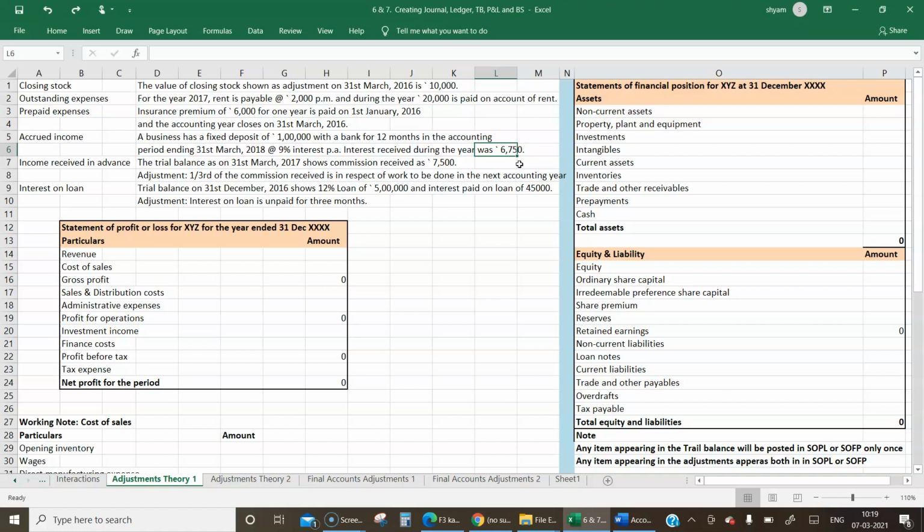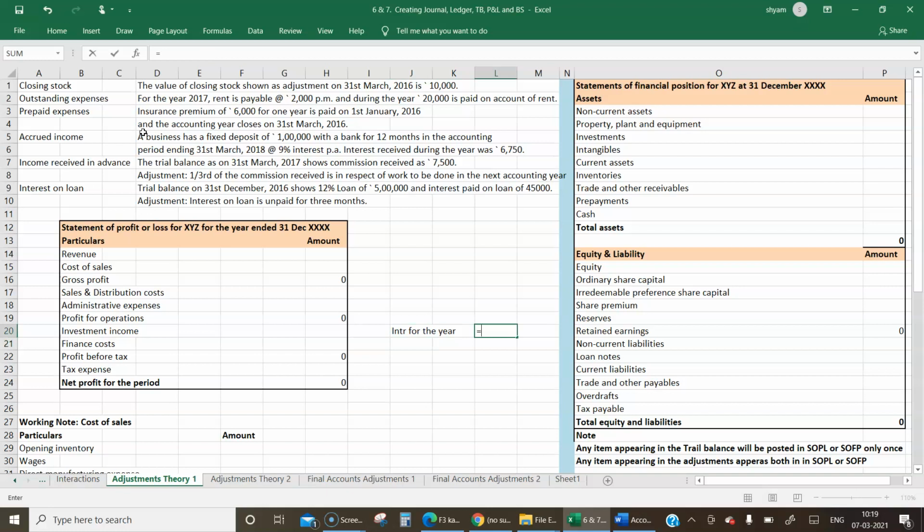Additionally they have to get the balance also. So what would be the amount? First we'll take this, and as it's an accrued income, we can put it in the investment income here. Here itself we can try to adjust it. So first we will put like this: interest for the year, how much would it be?